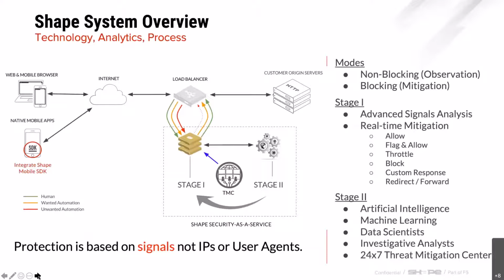If we see requirements where we need to deploy custom countermeasures or custom signals, for instance, for detection purposes, we can do that within Shape Enterprise Defense. And also we can apply flexible mitigation activity, whether that be to drop the traffic, return a particular status code, or return a particular response. Next.